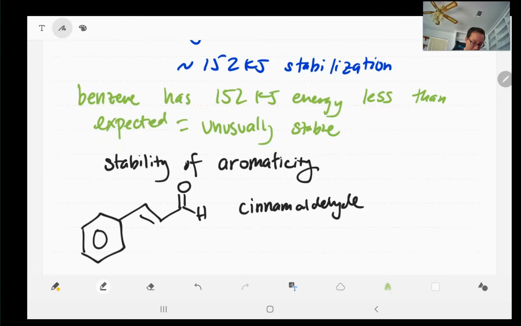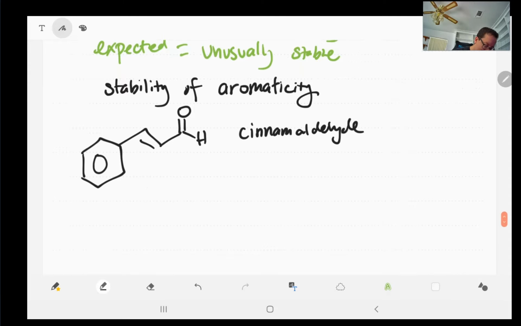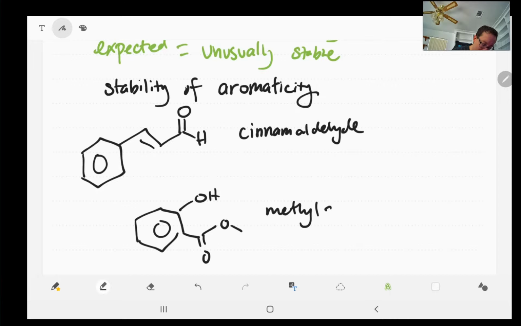This is trans-cinnamaldehyde, but whatever, that's the more common one. What else do we have? This is methyl salicylate, or oil of wintergreen, as it used to be called. Like breath mints. That super minty smell is an aromatic compound.